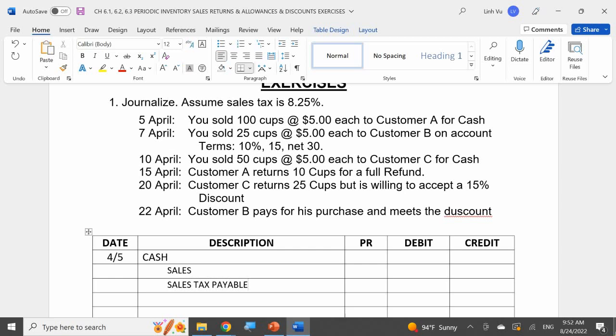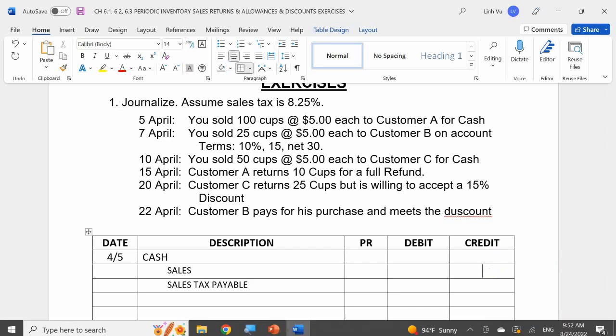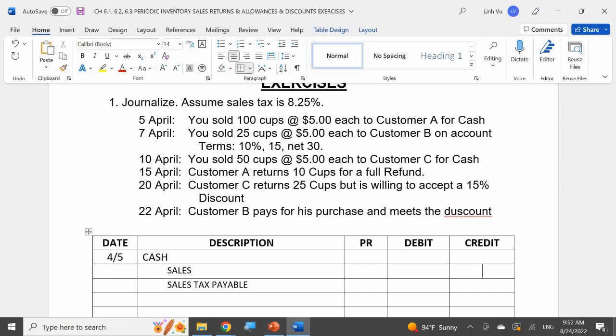Okay, so let's go ahead and do some math. First we're going to recognize how much we're going to be actually charging our customers. So 100 cups at $5 each. How much is my total sales? That's $500. Now let's calculate how much tax we have to charge on top of that $500.